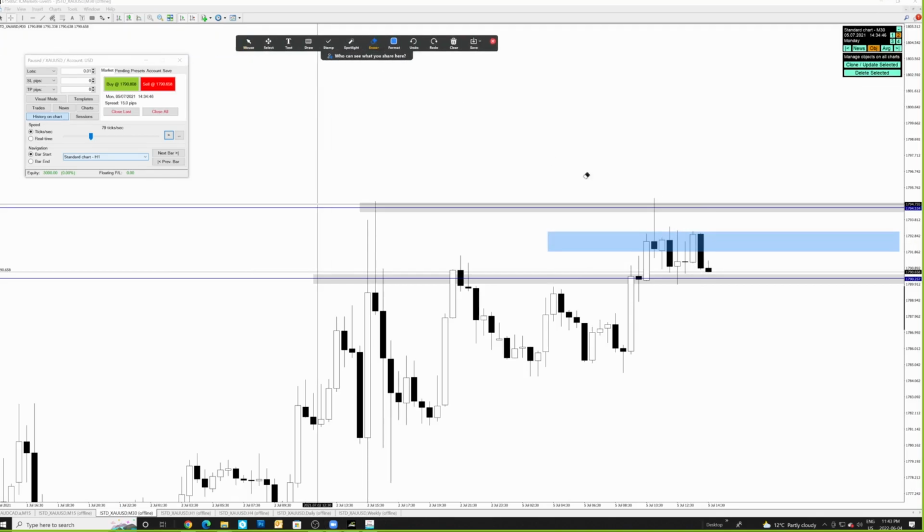This does not mean that price will continue pushing down. It could mean price will go down, but realistically we have this wick to the left hand side, right? You could take a sell as price breaks this low, but what you have to identify is that there's this rejection right here, and just below that wick we have another rejection right here, right?